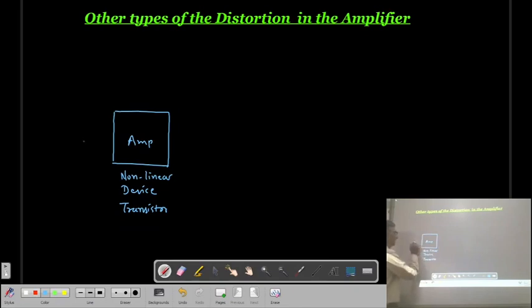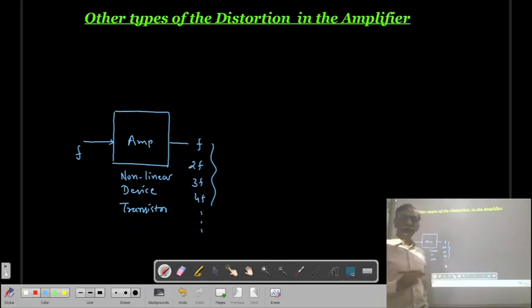When we apply a frequency f at the input, in the output you will get the frequency f, which is called the fundamental frequency. With this fundamental frequency, some harmonics are also produced: 2f, 3f, 4f. All these frequencies are produced by the amplifier circuit because the transistor has non-linear characteristics.